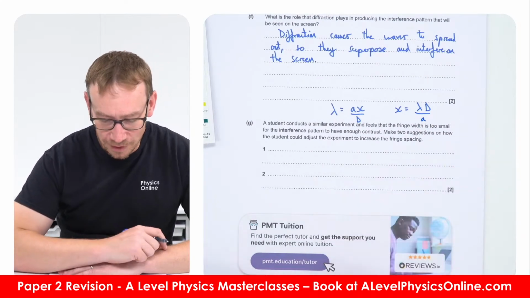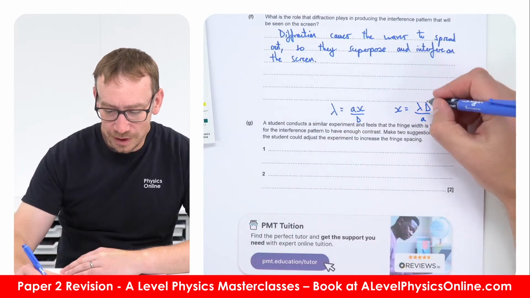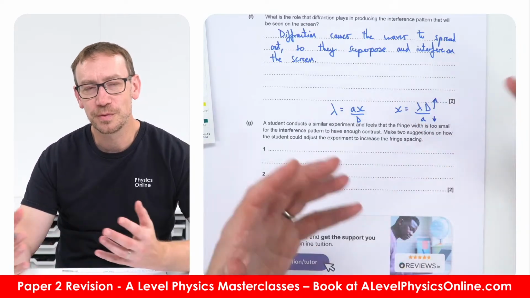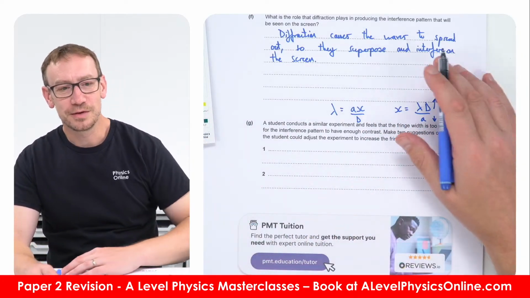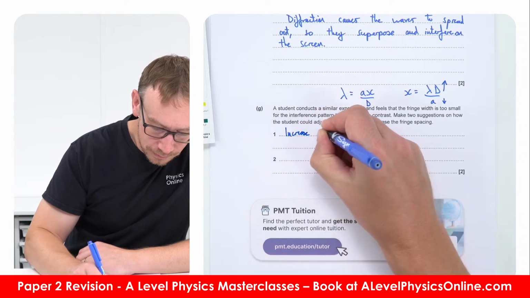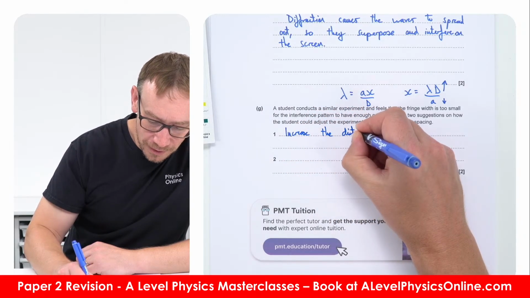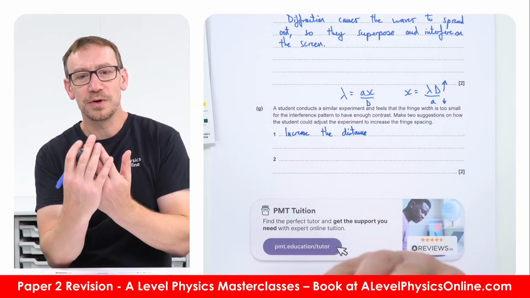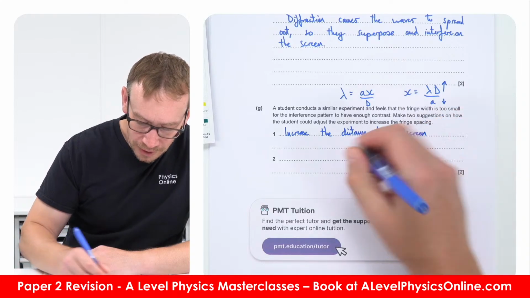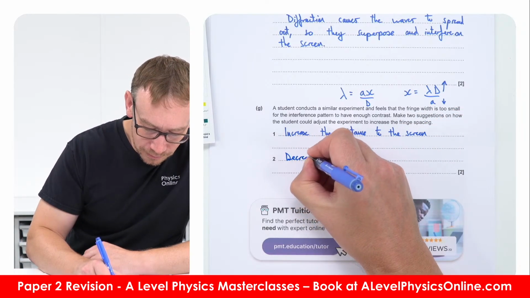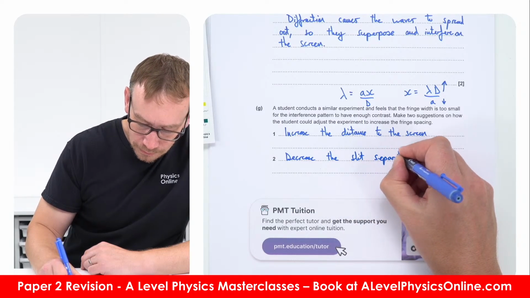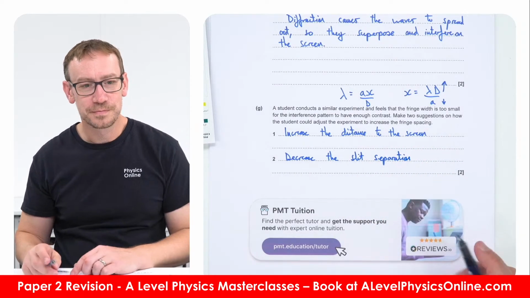So we can either increase the value of D or decrease the value of a, or I guess we could have a different wavelength, but that's not necessarily easy to control. So I'd say you increase the distance to the screen. Imagine if you had the screen twice as far away, the fringe spacing would be twice as big. So increase the distance to the screen, or you could decrease the slit separation. So there are two ways that you could do that. Okay.